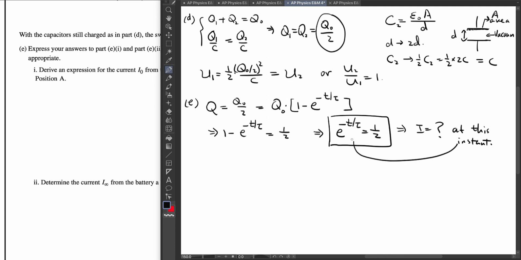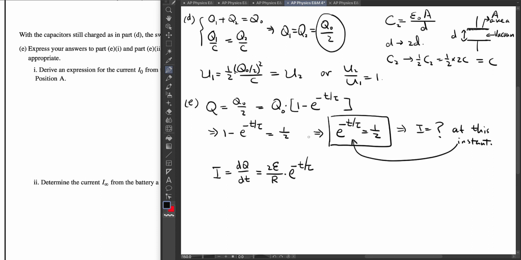The time instant is actually contained here. Okay, so remember I equals dq dt equals EMF over R e to the negative t over tau.